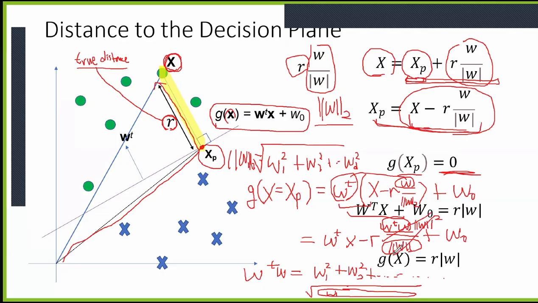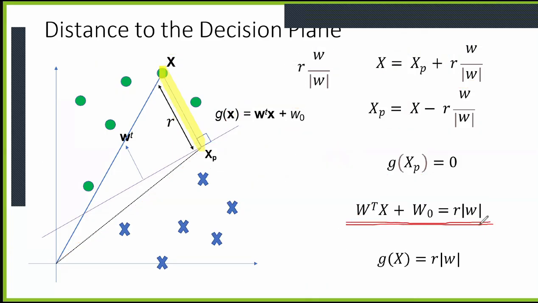So this term just becomes this term, which is equal to 0. So if we pass this to the other side, it arrives at this formula.